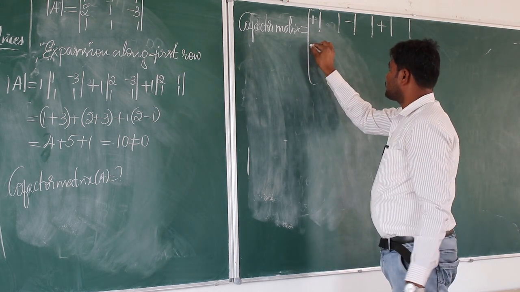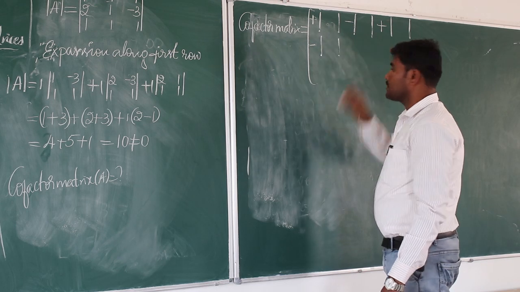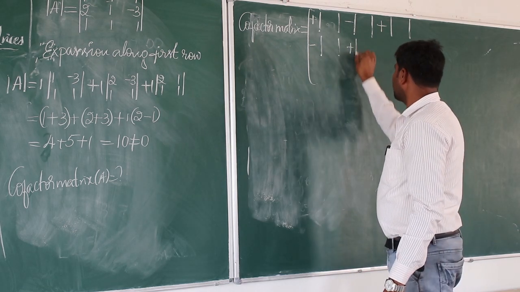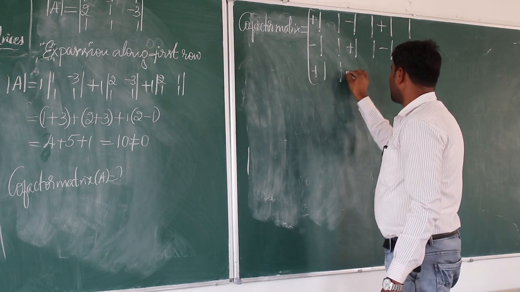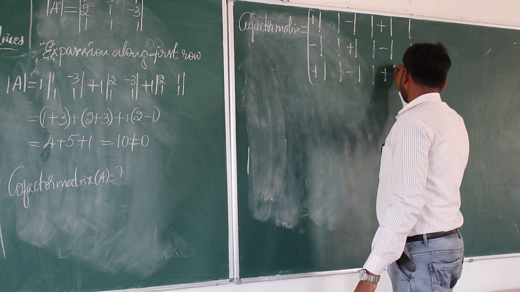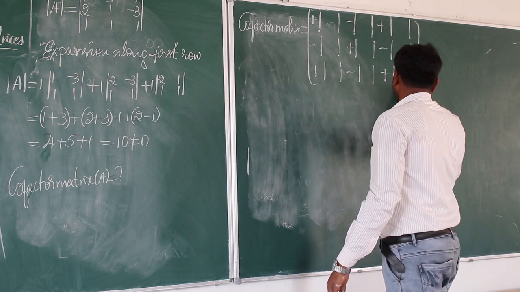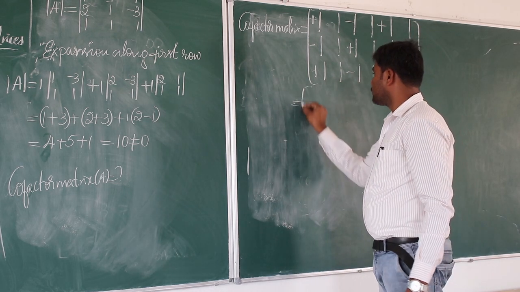Second row cofactors, signs are minus, plus, minus, and last row plus, minus, plus.